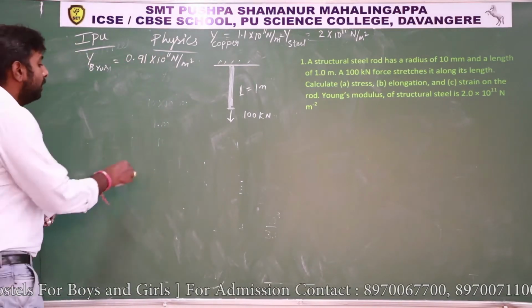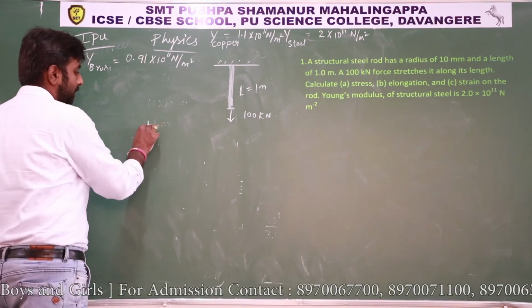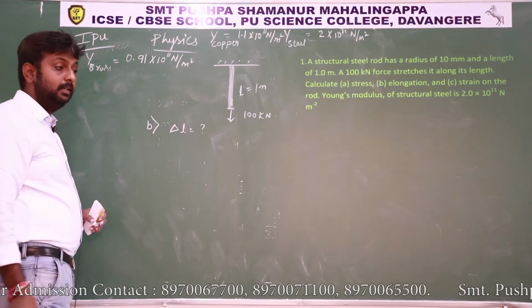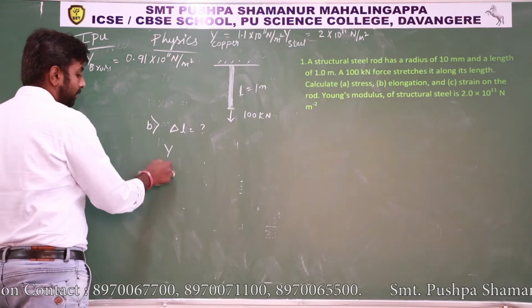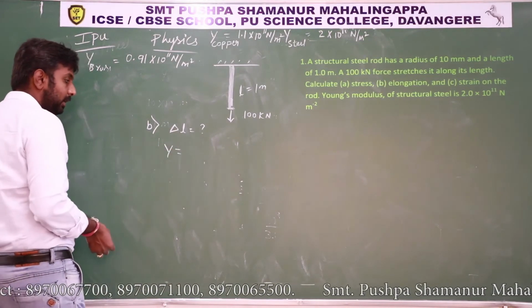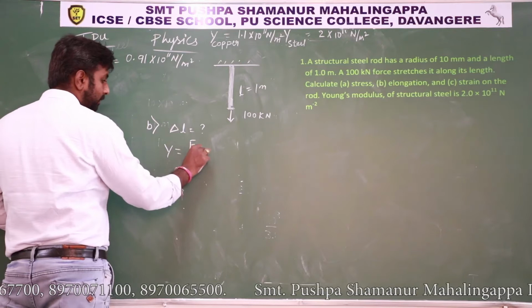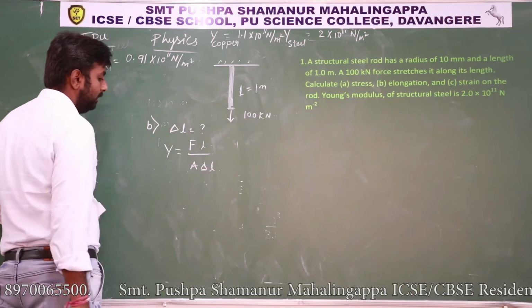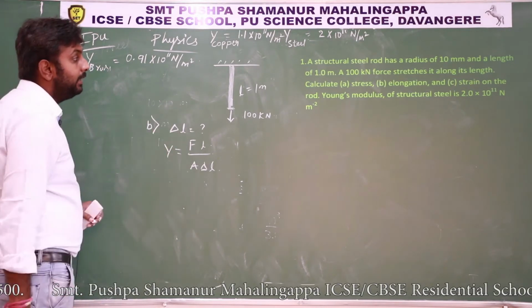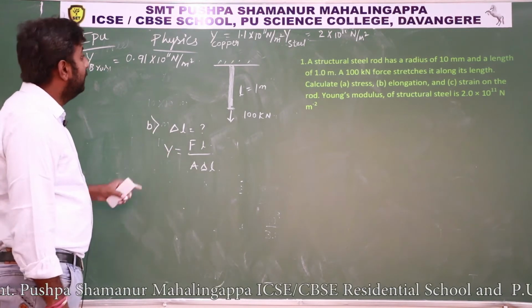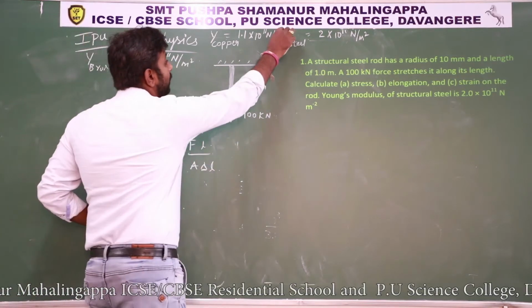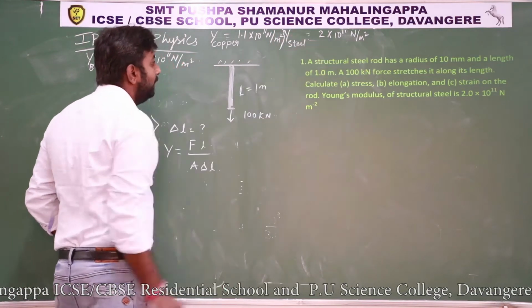Next we have to find elongation, that is delta L, the change in length. For that we know the Young's modulus formula: Y equals FL divided by A into delta L. The material given is steel, with Young's modulus 2 into 10 to the power 11.